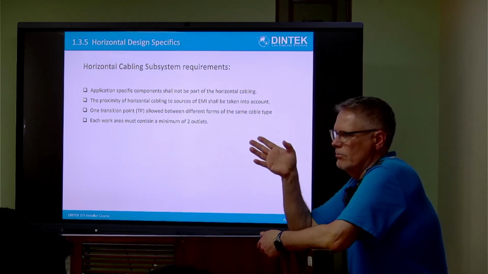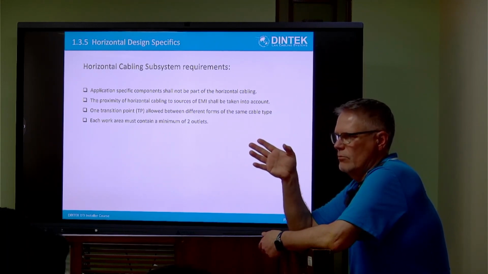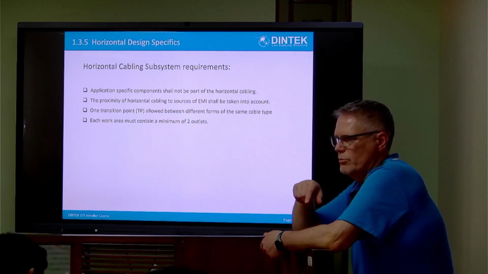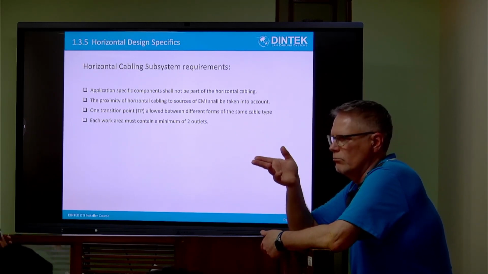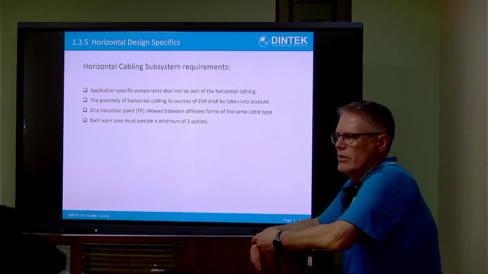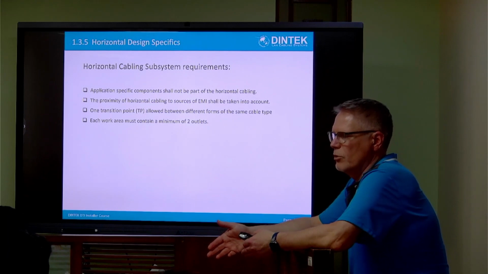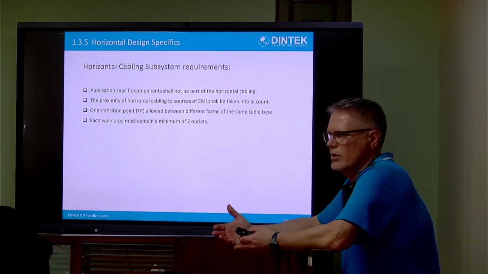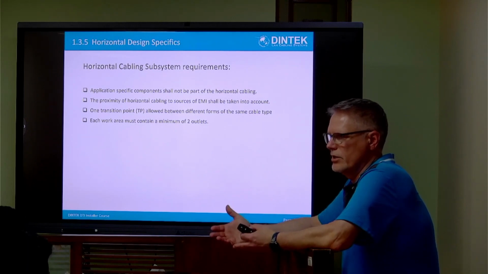Yes, there are instances where people will just install 1 outlet to each user position because they've got IP phones and they're just going to slave their computers off the phones. That's fine, and we'd probably certify it, but we wouldn't certify it as structured, we'd still certify it as a warranted system.